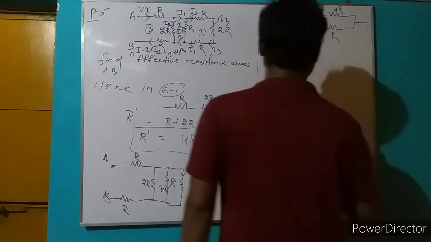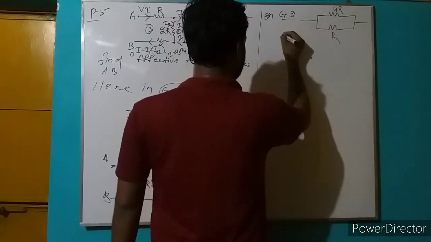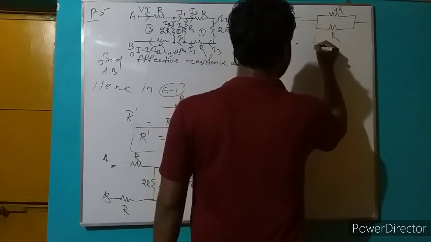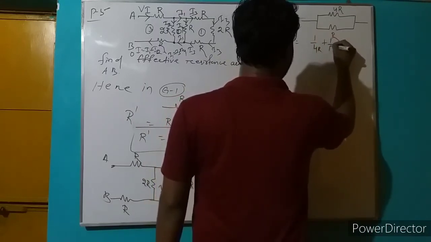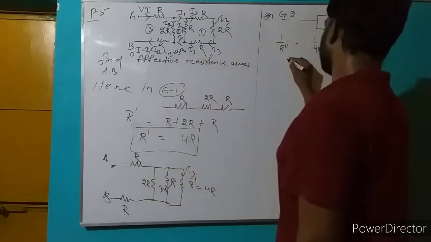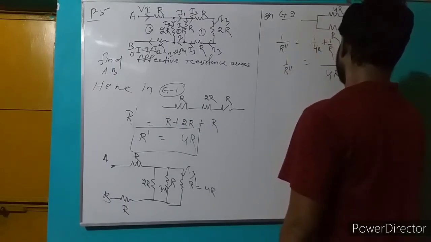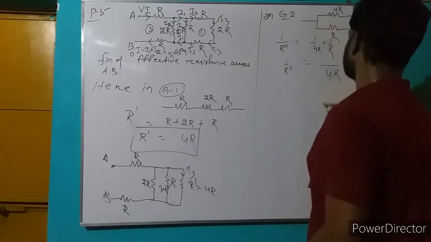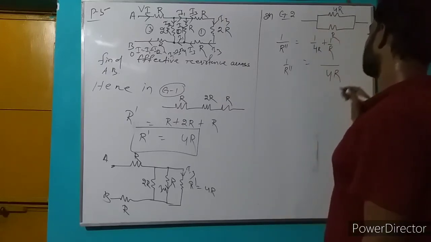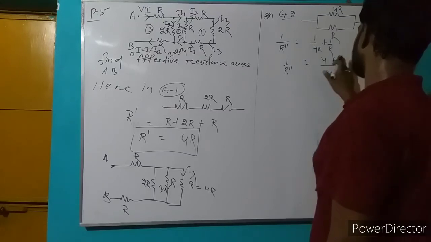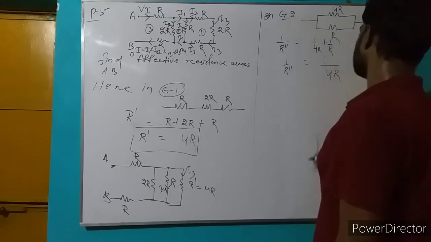Okay, so here R double prime equals 1 by 4R plus 1 by R. So 1 by R double prime equals what? 4R is here, plus 1 is here.